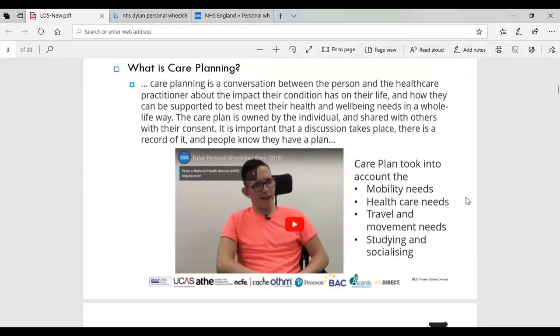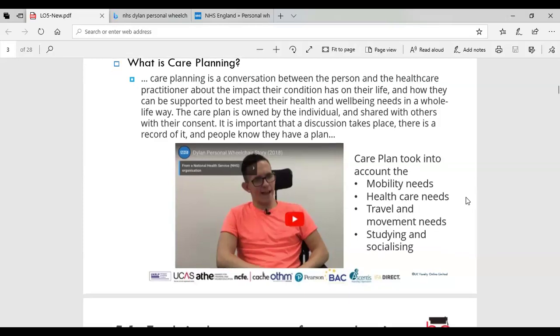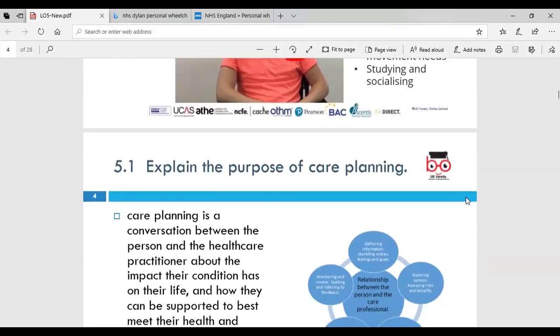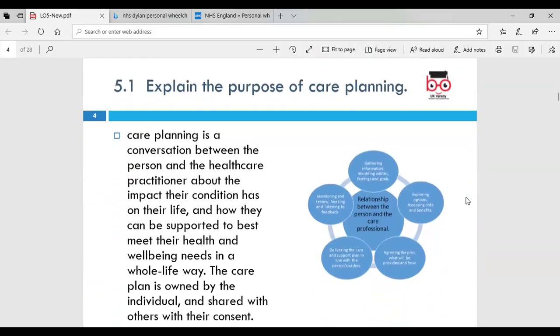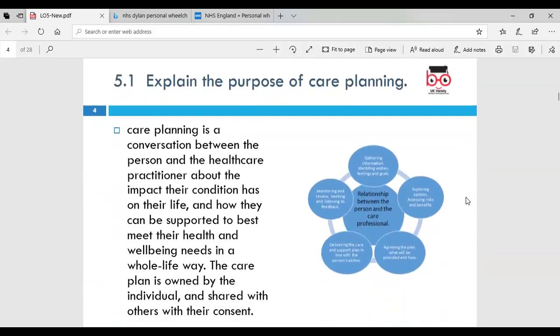He had different healthcare needs. He had travel and movement needs, which were assessed, and then he was provided with it. His main objective was, because he's a different person, and a different person can have different needs and requirements, his requirement was studying and socializing. So this requirement was fulfilled by keeping him at the center of all care.